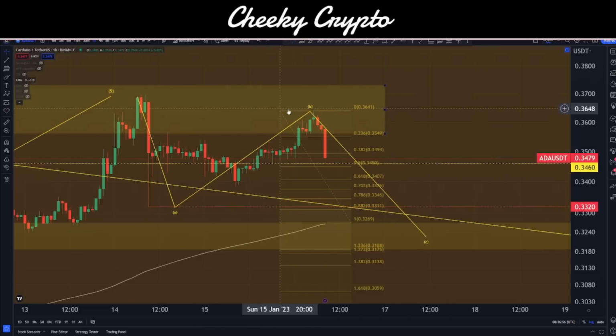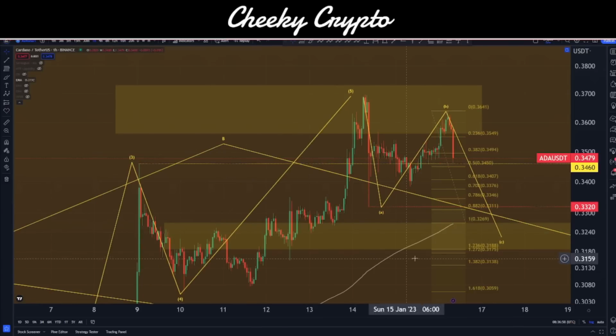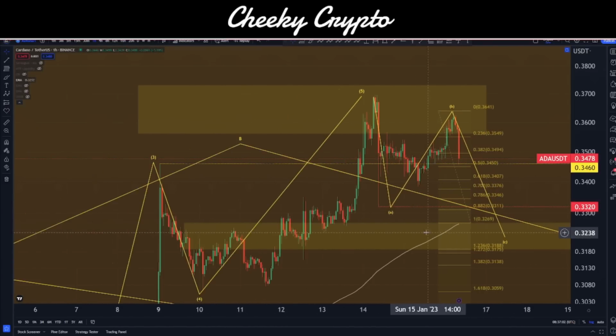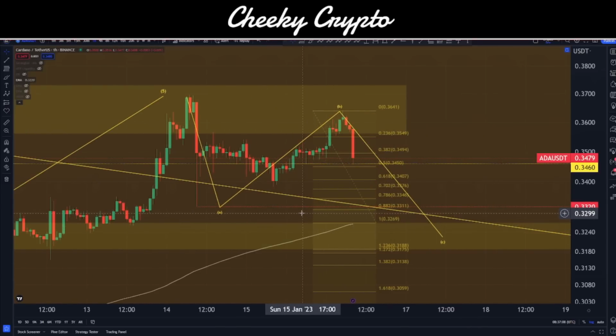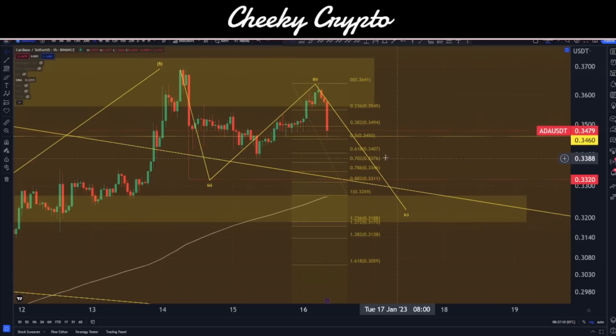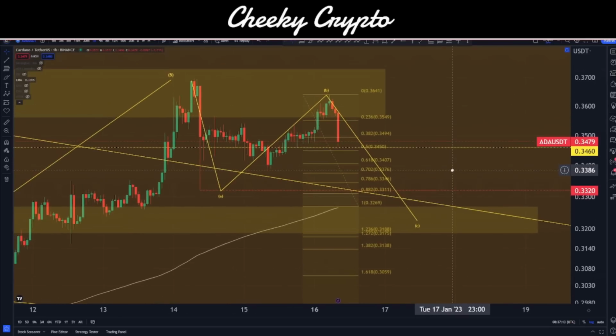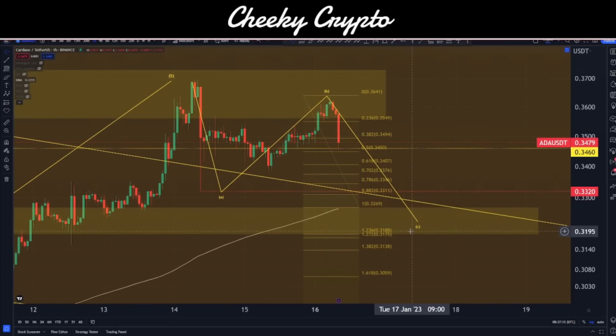But I think we're probably going to come down, create invalidations, which wouldn't necessarily even be an invalidation because it could even be a bigger ending diagonal structure. But we'll see how it plays out. At the end of the day, I'm just going to go through what the data suggests to me, and at the moment, the data is suggesting that we should be aiming between 31.8 and 32.6 for the next move on ADA.